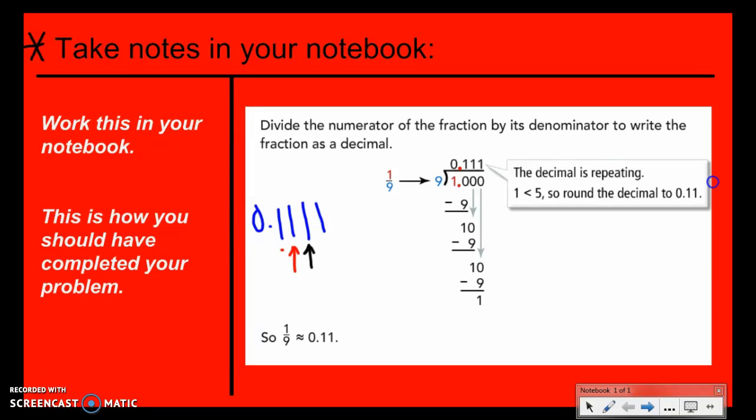If it's 5 or greater, you're going to round this number up. If it's 4 or smaller, you're going to keep it the same. So since your following number is a 1, is that 5 or greater? No, it's 1. So you know that it's going to stay 1.